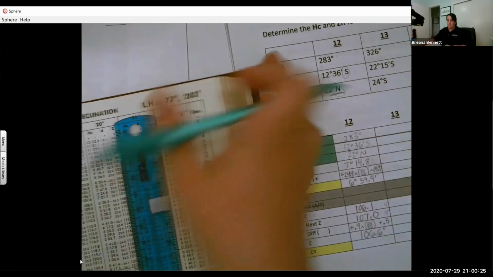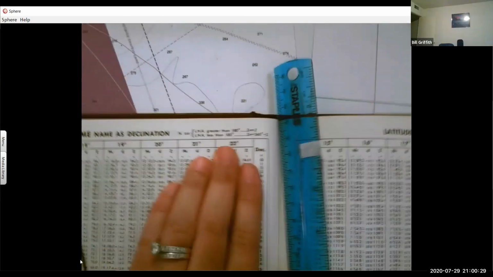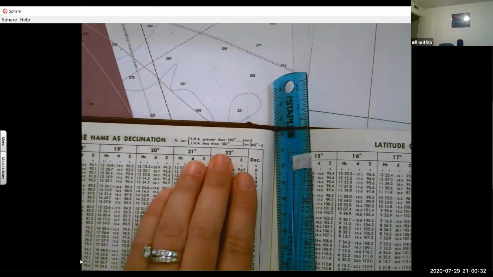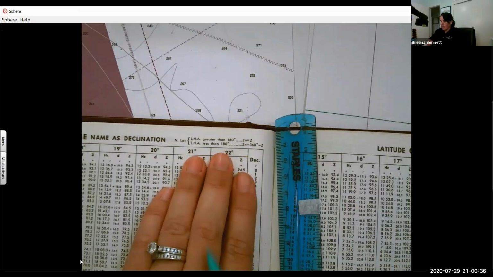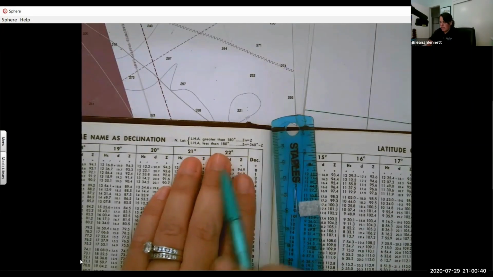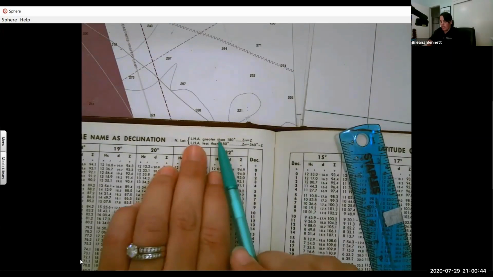So we are going to follow these rules here. We had an LHA of 283. So 283 is going to be greater than 180.